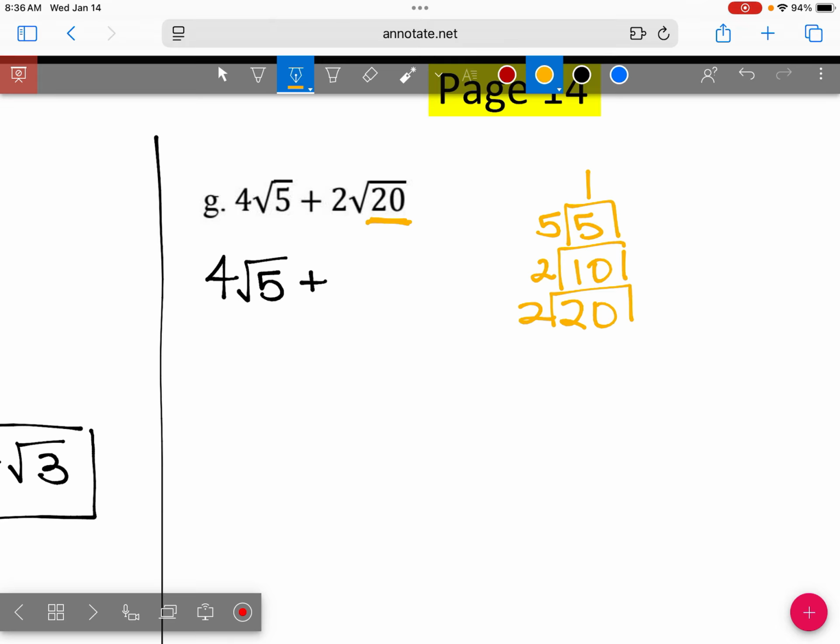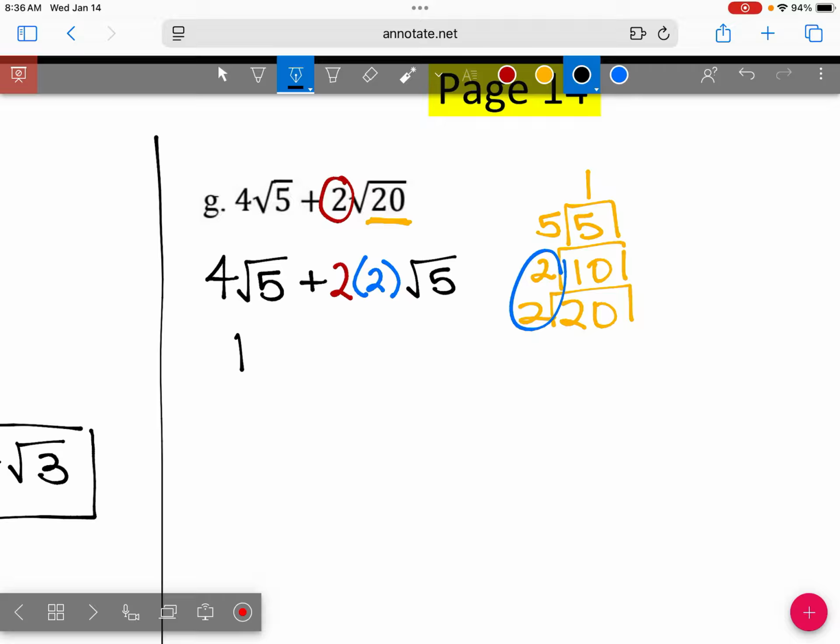Only because this one already had a number in front, that number doesn't go away. We can't just erase it. It's there. But we're adding to that another 2. So what I get now in front is 2 times 2. And I have the square root of 5.